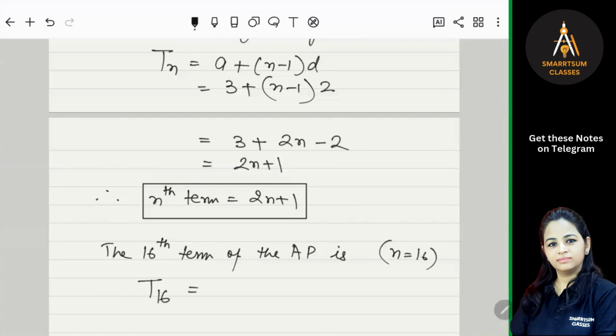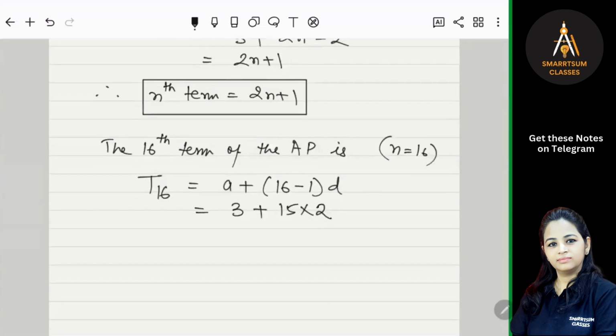T16 is A plus n minus 1 into D, so 16 minus 1 into D. A is 3, 16 minus 1 is 15, D is 2. So 3 plus 15 into 2. 15 into 2 is 30, and 30 plus 3 is 33. So the 16th term of the arithmetic progression is 33. This is the second part of the question.